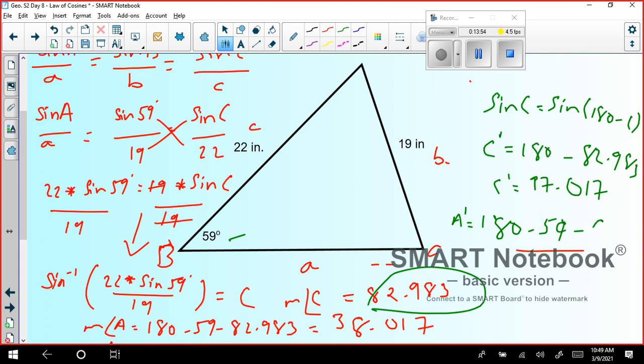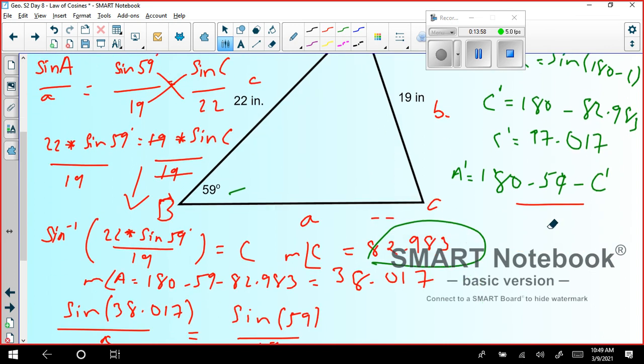I'm just writing C prime because the stylus is giving some issue. So I'll substitute 97.017 and get A prime as 180 minus 59 minus 97.017. That gives us 23.983.